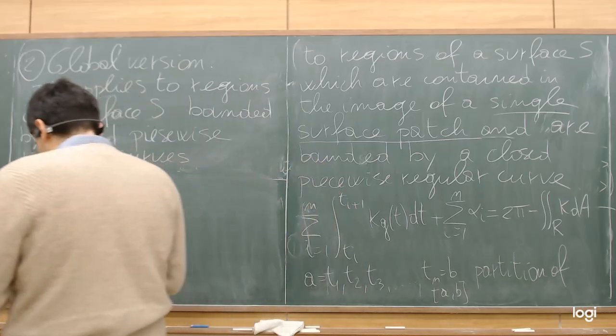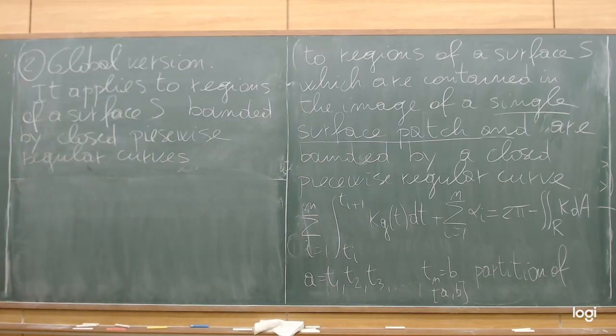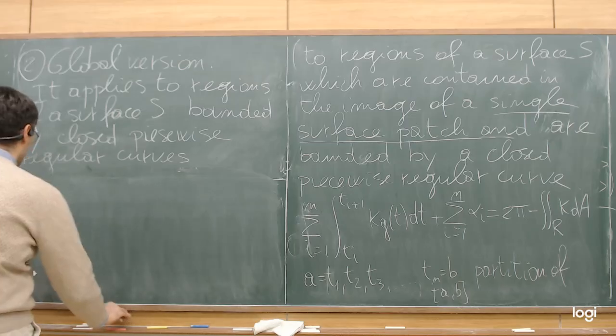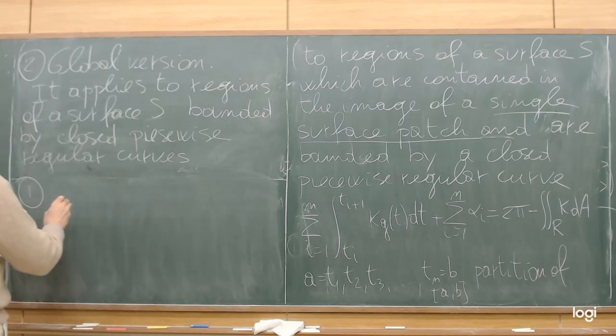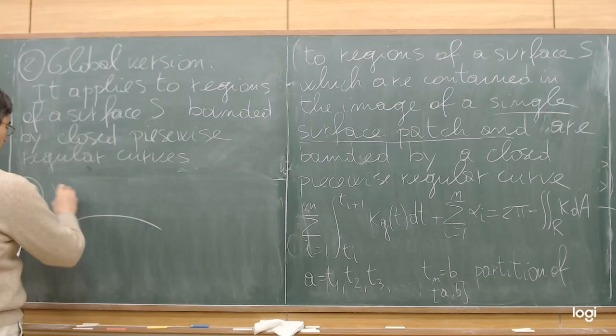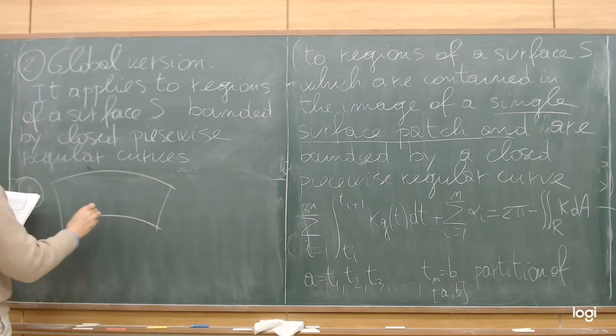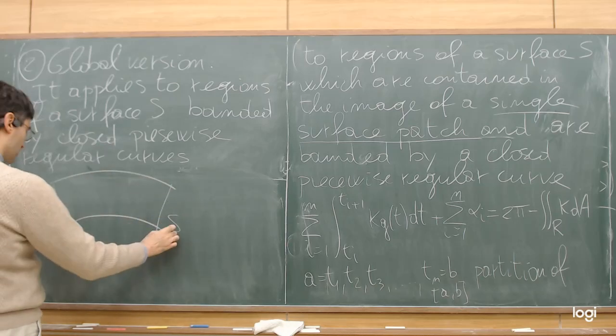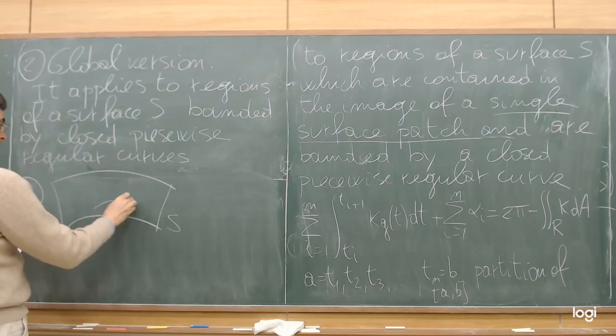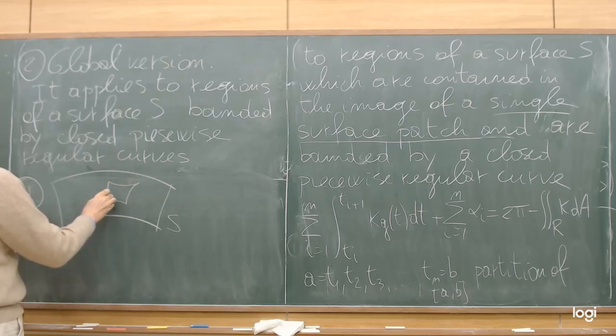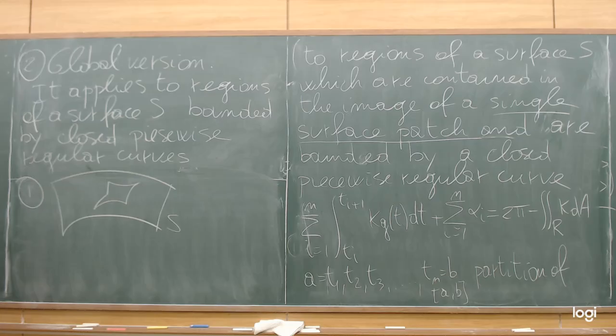So in order to be clear, I can make a picture. Suppose that this is a surface, then the local version of the Gauss-Bonnet theorem applies to regions like this.